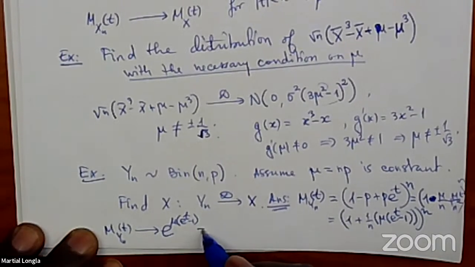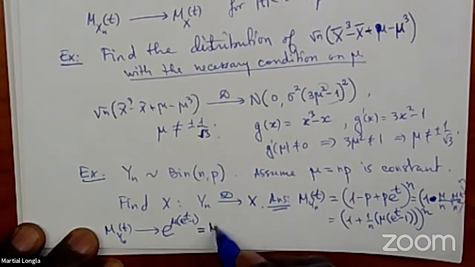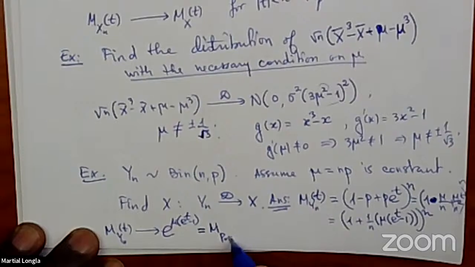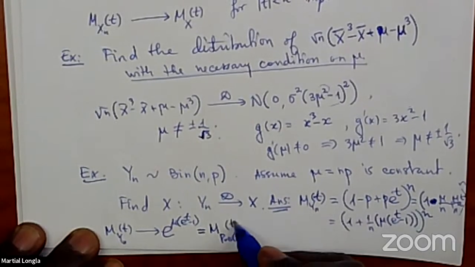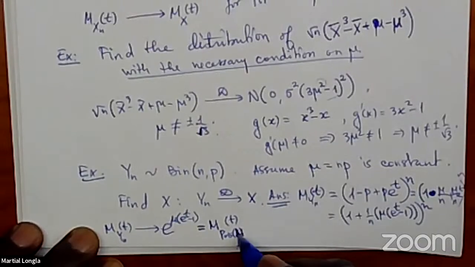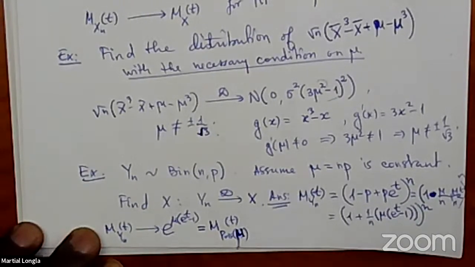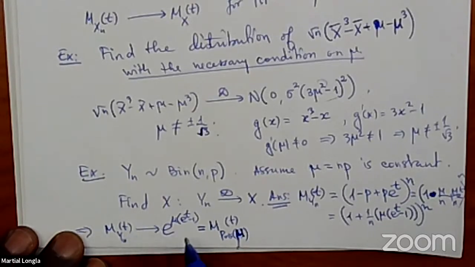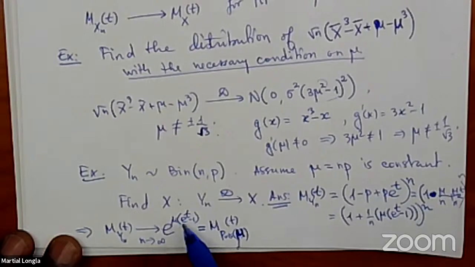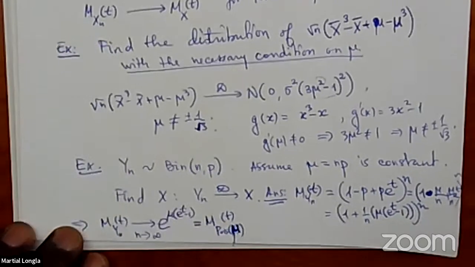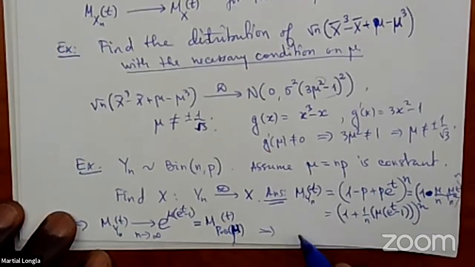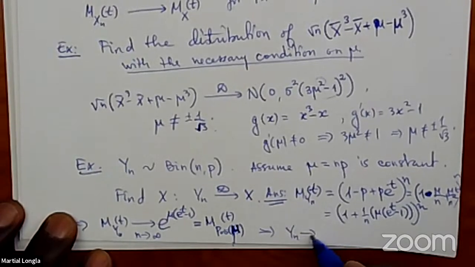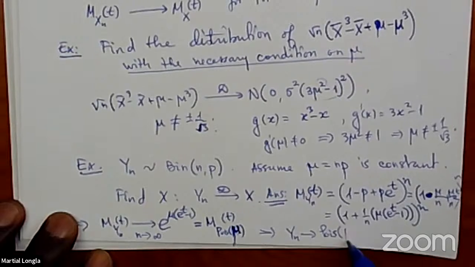And we do know that this is the moment generating function of Poisson with parameter lambda equal mu. So the moment generating function of Yn converges as n goes to infinity to e to the mu times (e to the t minus 1), and this is the moment generating function of Poisson with parameter mu, which implies that Yn converges to Poisson with parameter mu.